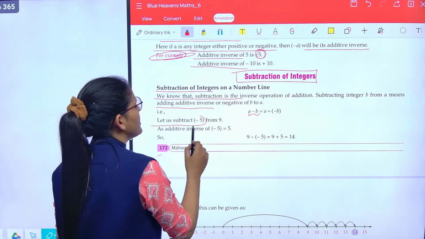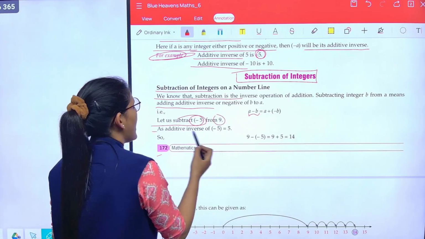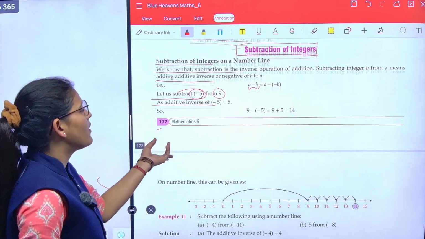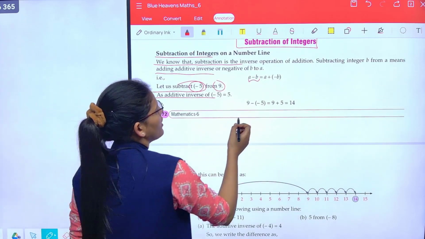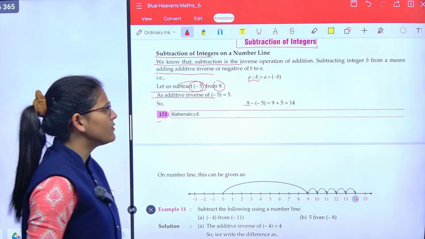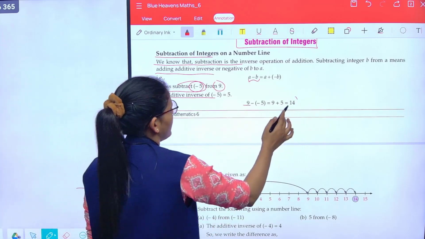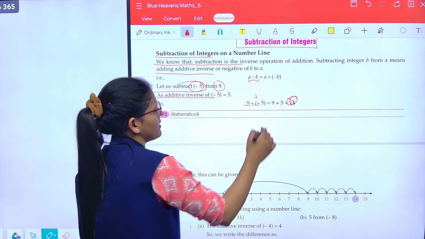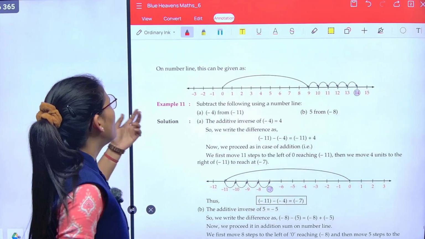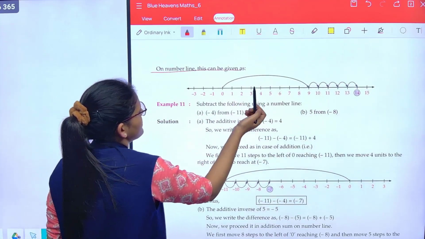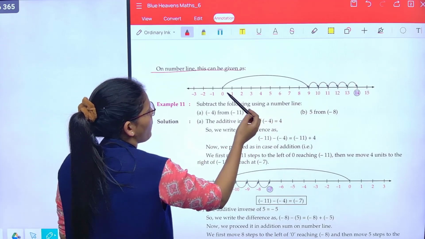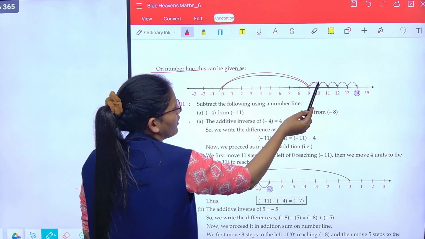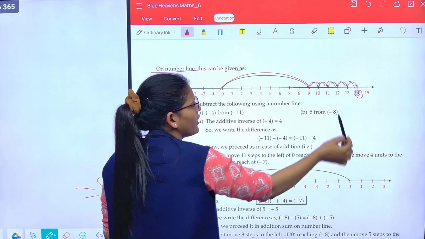Let us subtract minus 5 from 9, as additive inverse of minus 5 is equal to 5. So class, 9 plus 5, so that is 14. Now on number line, this can be given as, you see here, 0 to 9. Now 1, 2, 3, 4, 5, that is 14.